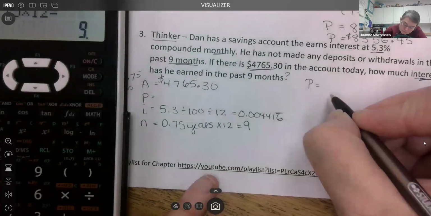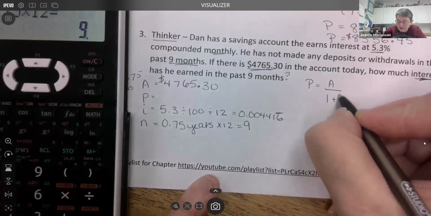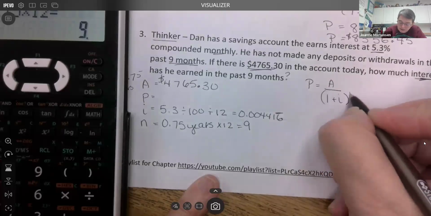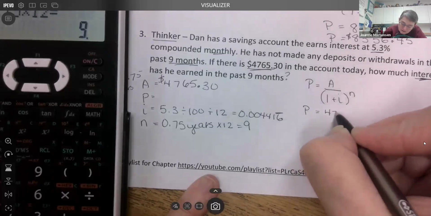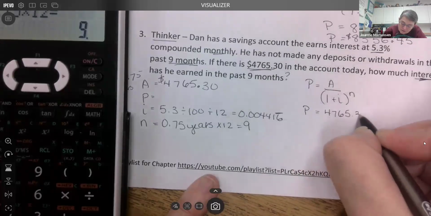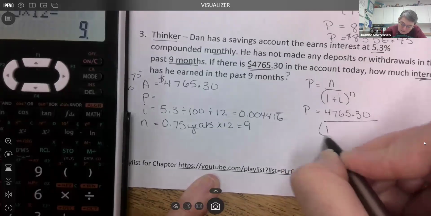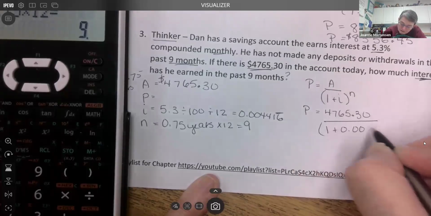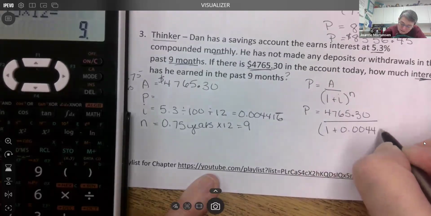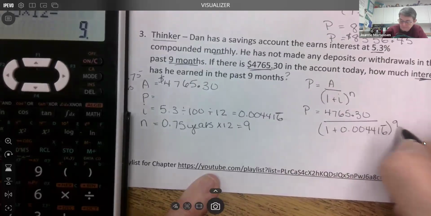P is equal to A times 1 plus i, to the power, and A is equal to 4765.30. 1 plus 0.004416, repeating, to the 9th.